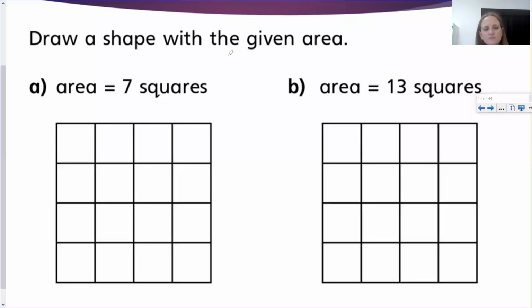And I'm going to color in my 7 squares. I'm going to say it's this one. My coloring in is not very good, but you can see 1, 2, 3, 4, 5, 6, 7.